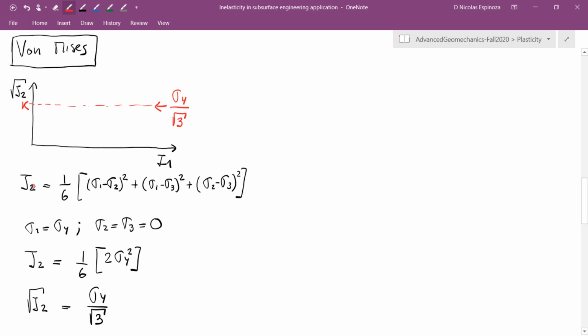And as long as the square root of J2 is equal or less than this value, then I'm going to be within the elastic region. All right, so we can also plot that in 3 dimensions, and it's going to look something like this.